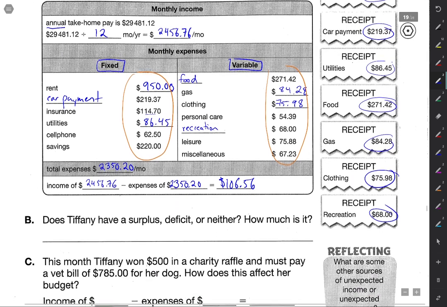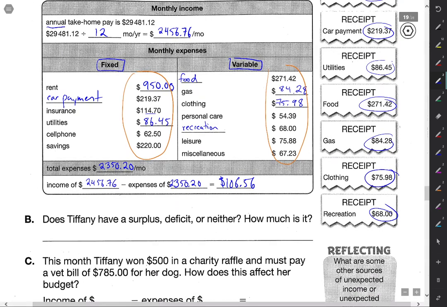So she is cutting it close. She only has $100 more to play with. So we're just going to say she will have a surplus of $106.56. And it's a surplus because that number, once we do the income minus expenses, is positive. So she didn't go over her total income for the month with all her expenses.